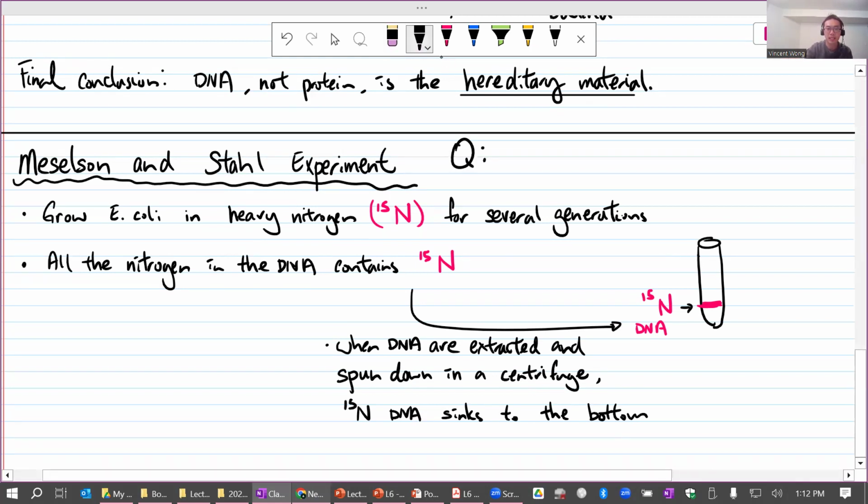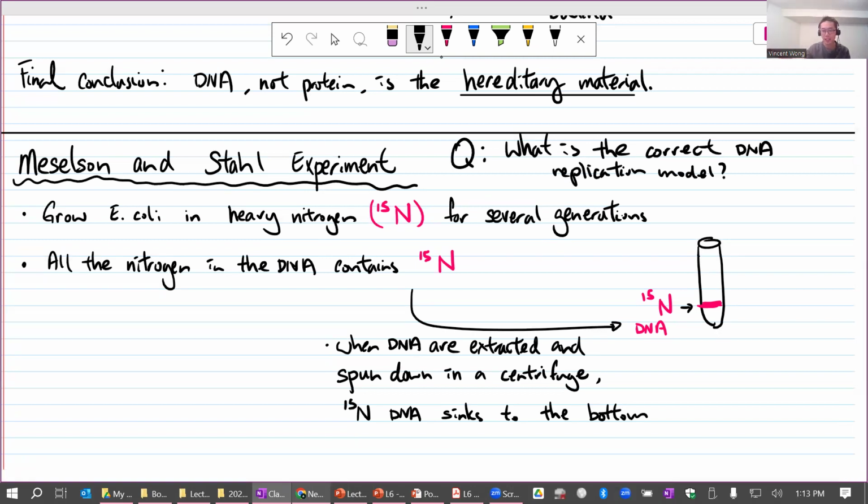So the question is, what is the correct DNA replication model? Is it conservative? Is it semi-conservative? Is it dispersive?